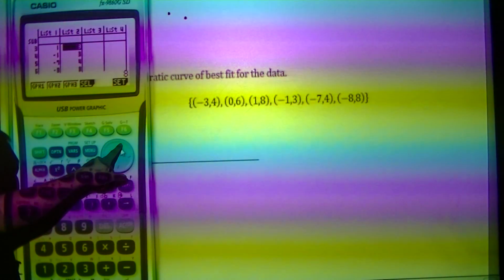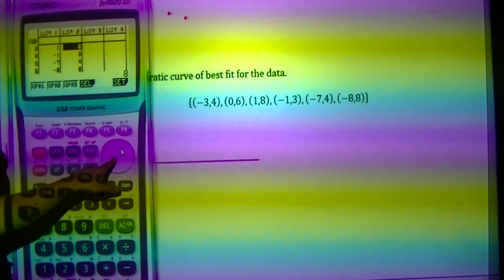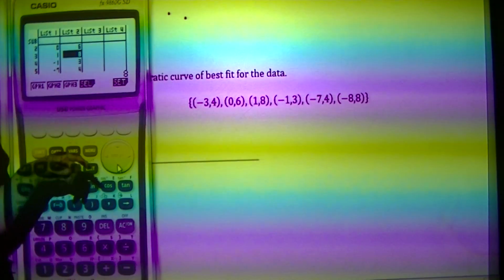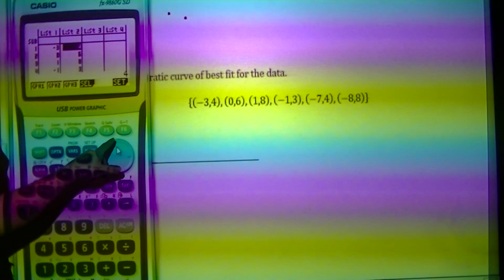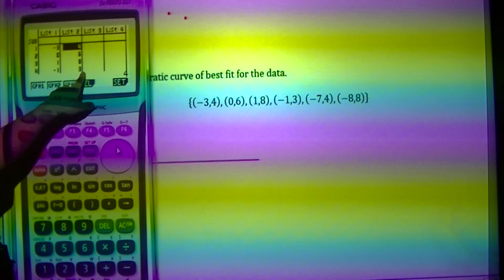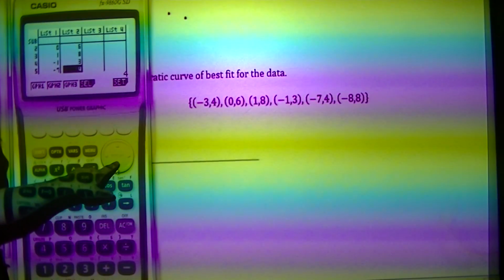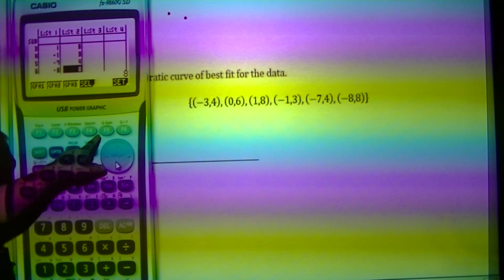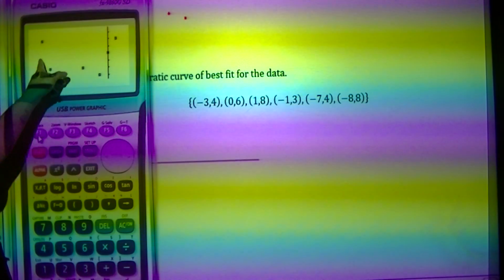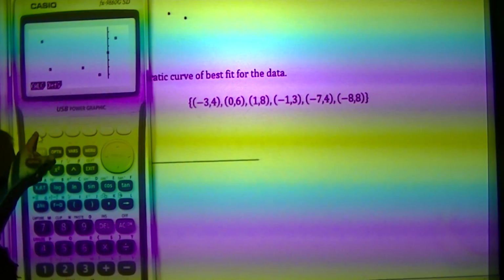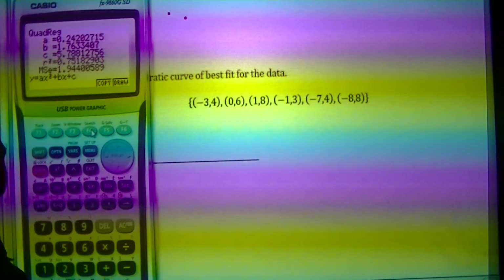Okay. The points are -3, 4; 0, 8; 1, 8; -1, 3; -7, 4; -8, 8. They tell me it's a quadratic, so I'm just going to work with that. Calculate x squared.